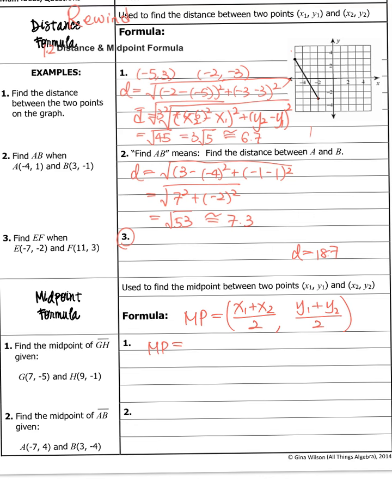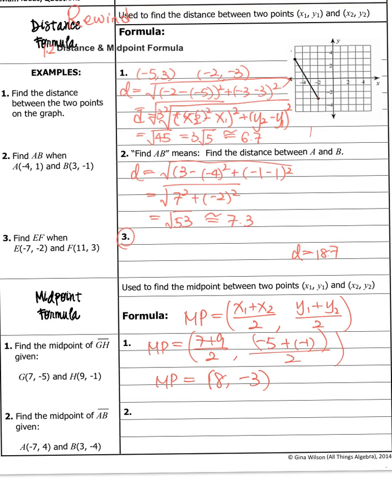So the midpoint is, if you add 7 plus 9, the x1 and x2, and you divide it by 2. And then it's -5 plus -1, the whole thing divided by 2 again. And that is the coordinate of your midpoint. And if you simplify it, you should have midpoint of +8 and -3.